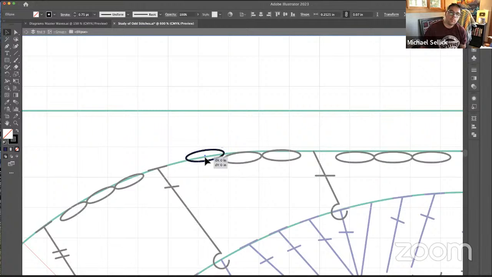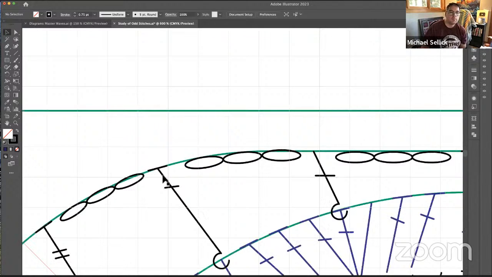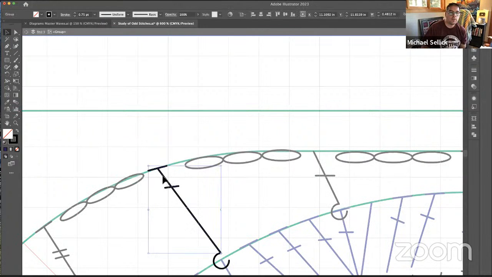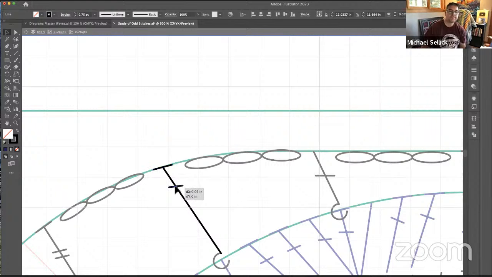So what my problem was is that when I designed it, it went to a square. My problem is that the next round has different height stitches, so it wasn't prepared to go to a square.